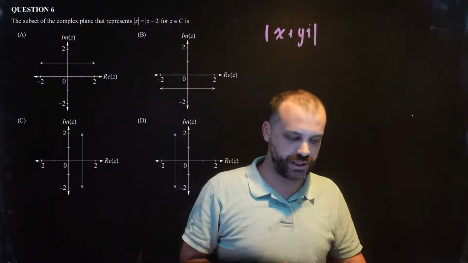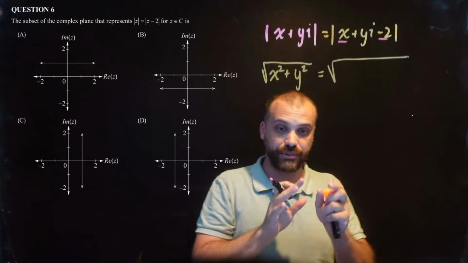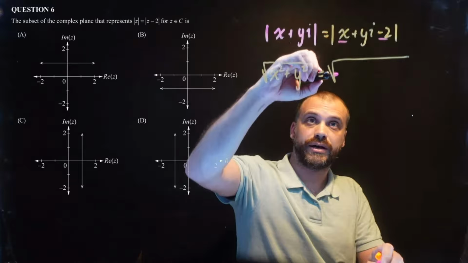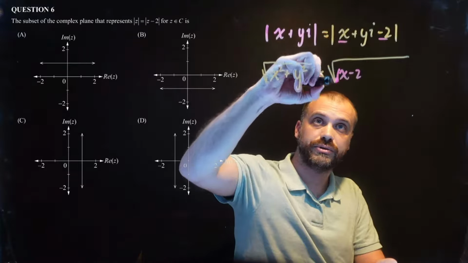That is equal to the square root of, now the real part is x minus 2, so x minus 2 squared, plus the imaginary component, y squared.